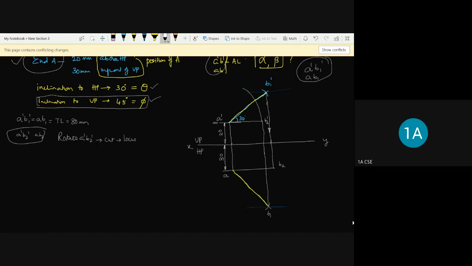Okay, so this is an arc which should be shown like this. Then similarly, from AB2, draw an arc like this.